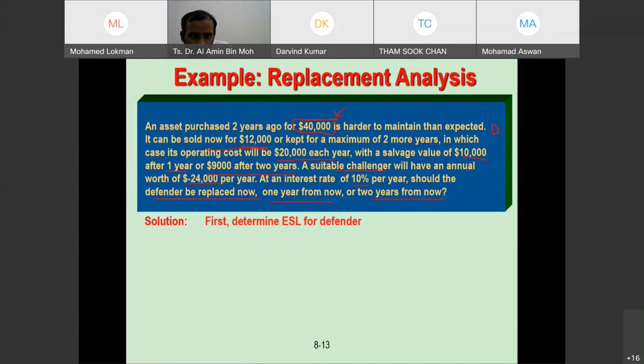So Darwin said this is the initial cost, and that we are not going to use it in the calculation. Darwin, is that what you wanted to say? Yeah. Okay, so Darwin says this 40,000 we are not going to consider in the calculation. So how about others?